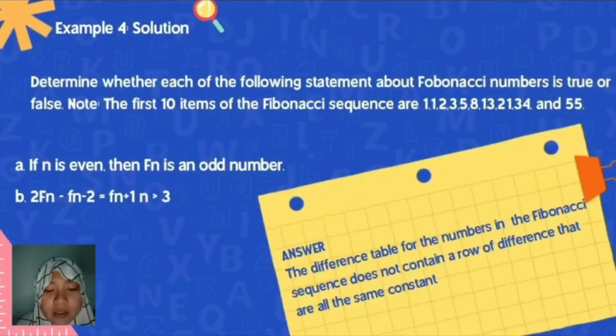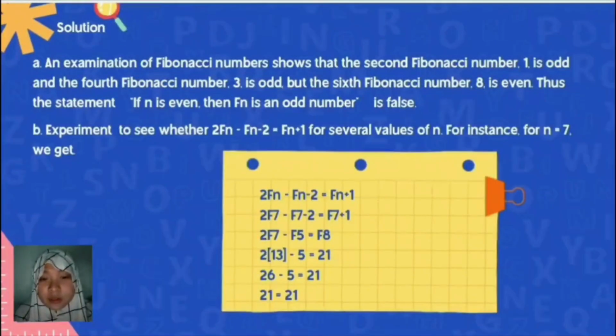Number B, it says here 2Fn minus Fn-2 equals Fn+1, n greater than 3. Okay, so the answer here: the difference table for the numbers in the Fibonacci sequence does not contain a row of differences that are all the same constant. So here are the solutions of A and B.